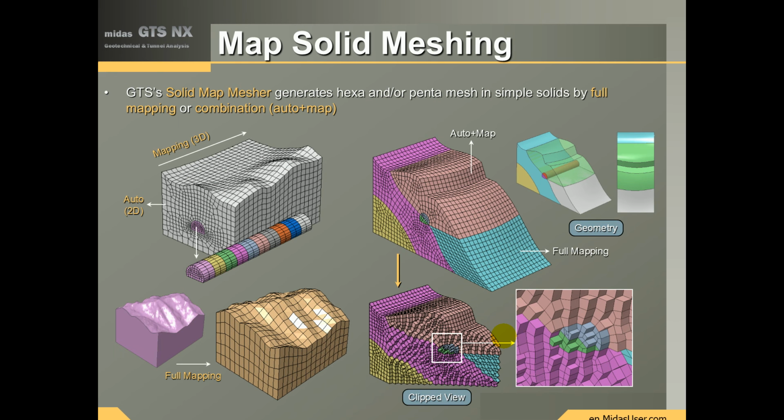Now the map mesh protrusion: we can take a 2D surface or a 2D mesh and manipulate it into a 3D mesh, and also do all the tunnel linings. The solid map mesh generates hexa and or penta mesh in simple solids by full mapping or combined auto plus map. You can also do clip views, which I'll show you in the working space in a minute, where you can clip through any part of the geometry just by selecting it from any angle.